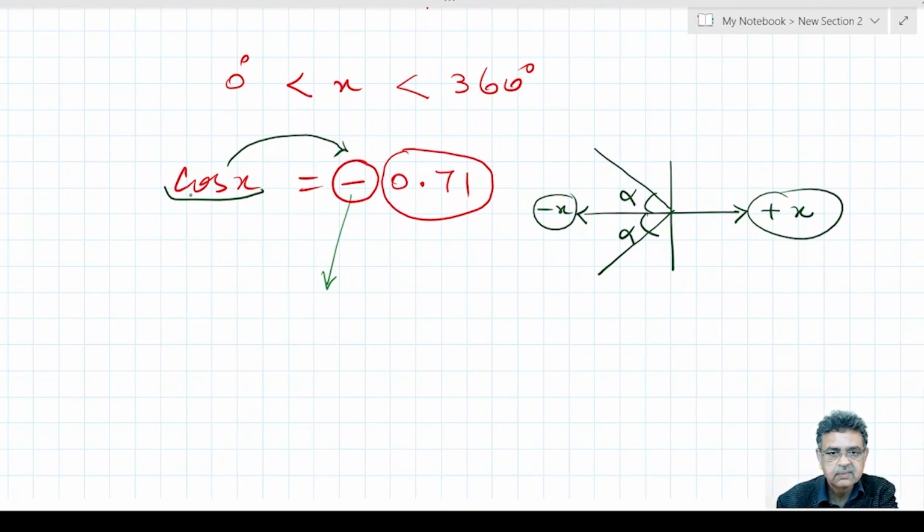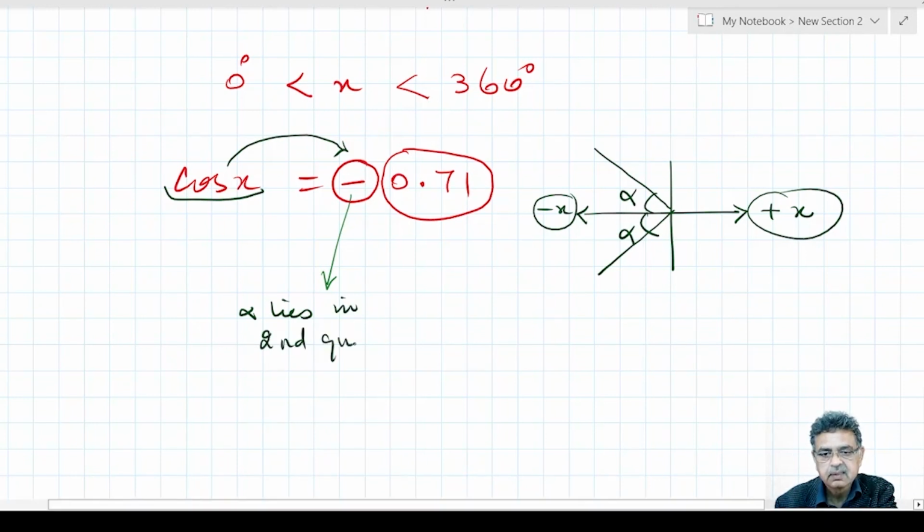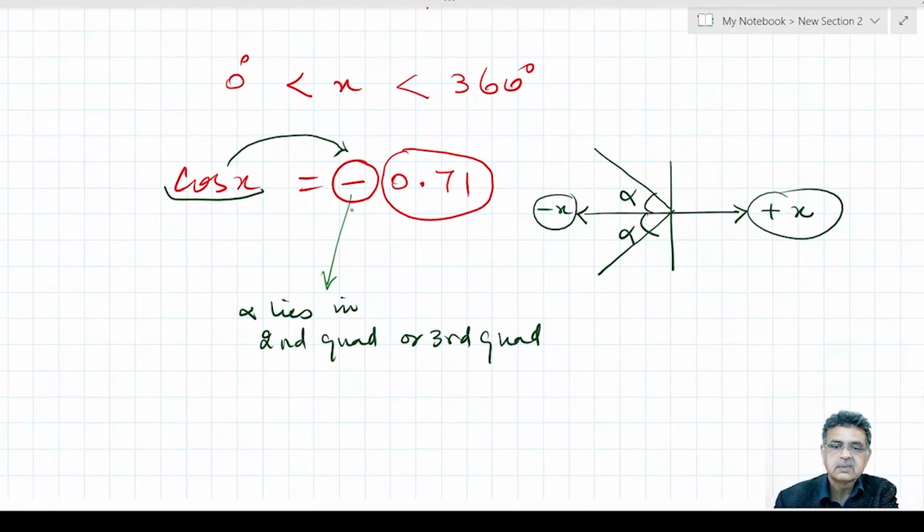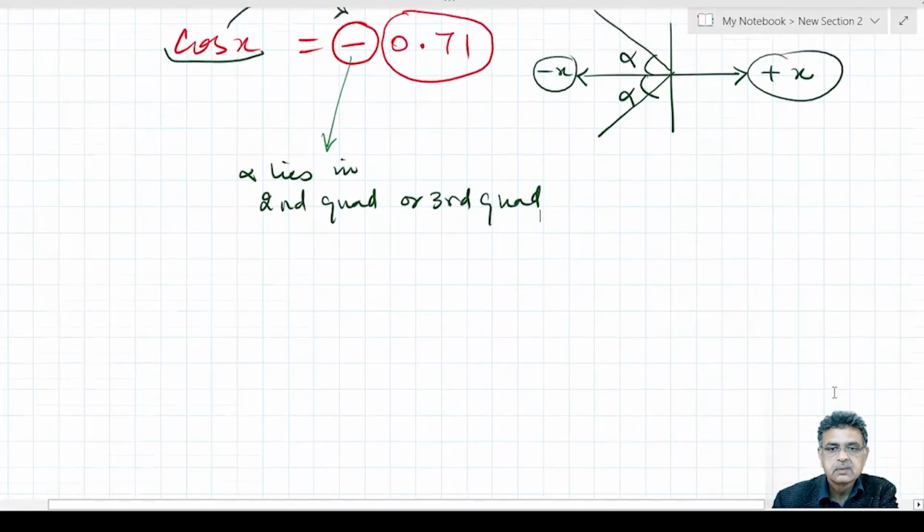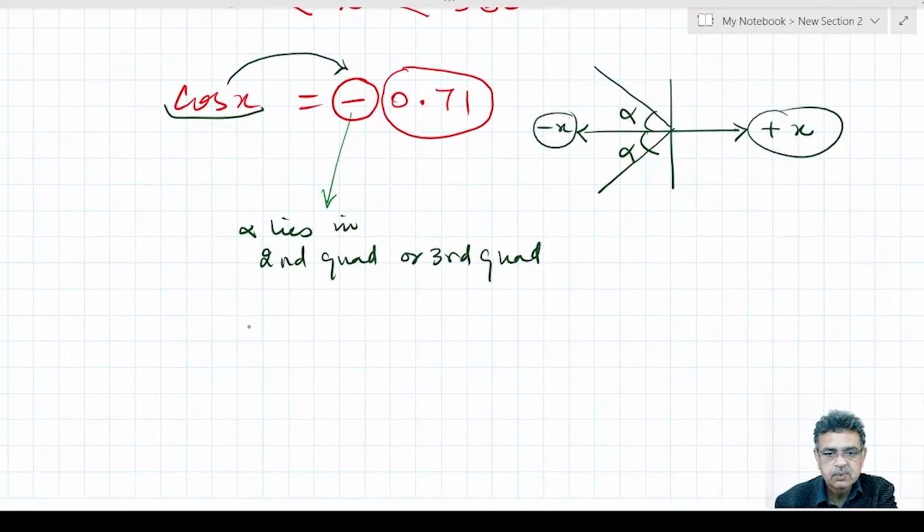This negative sign for cos x tells us that alpha lies in second quadrant or third quadrant. This is what this negative sign has told us.